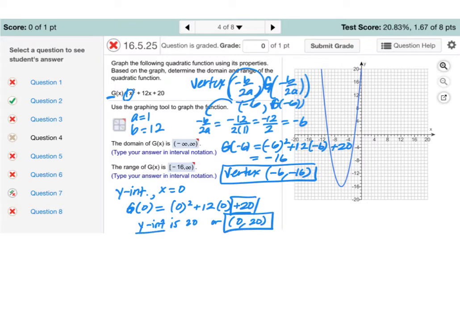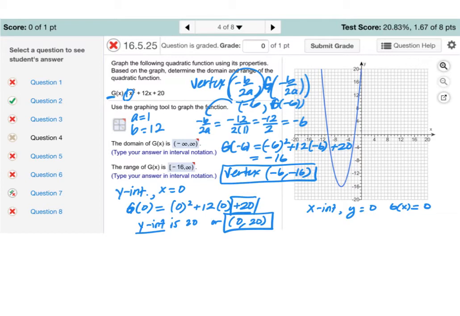Okay, for the x-intercept, or the x-intercepts, the x-intercepts will be where y is equal to 0. And since y is the function of x expressed as f of x or g of x in this case, we'll actually set the function g of x equal to 0 and solve for x. Okay?